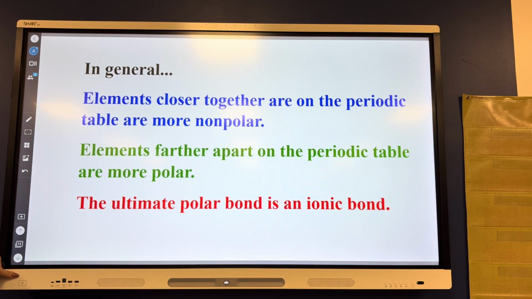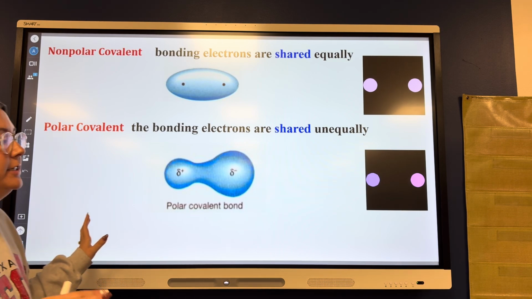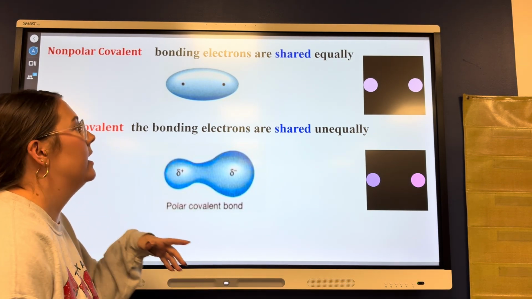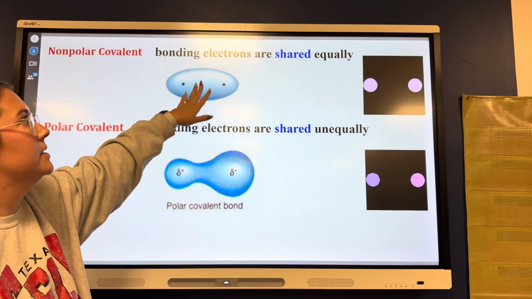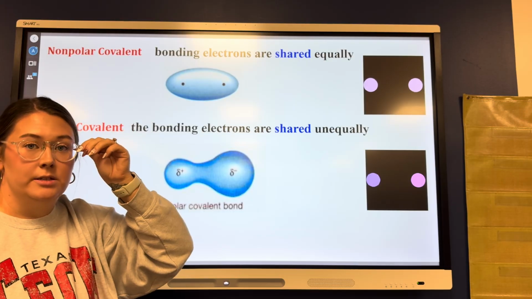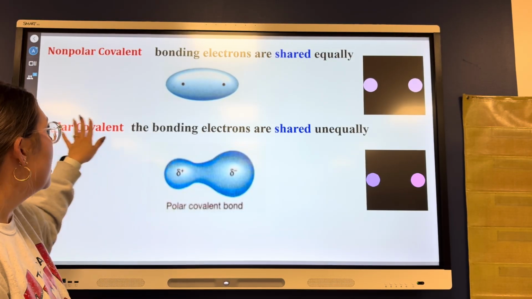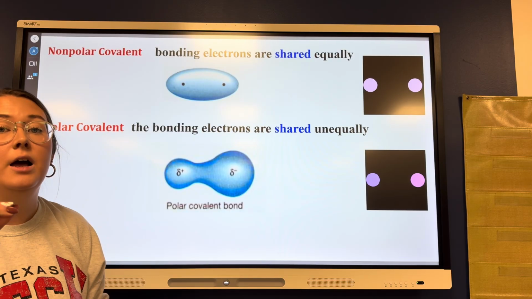Okay, so we're going to look at the periodic table in just a second and how to predict polarity using just that. Just as kind of a visual, nonpolar covalent means that the bonding electrons are shared equally in the middle between these two atoms. Polar covalent is when the bonding electrons are shared unequally.